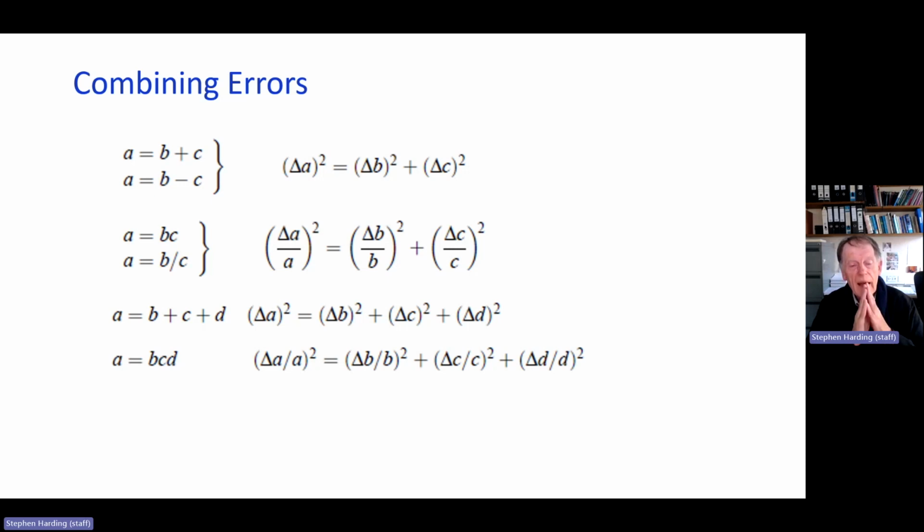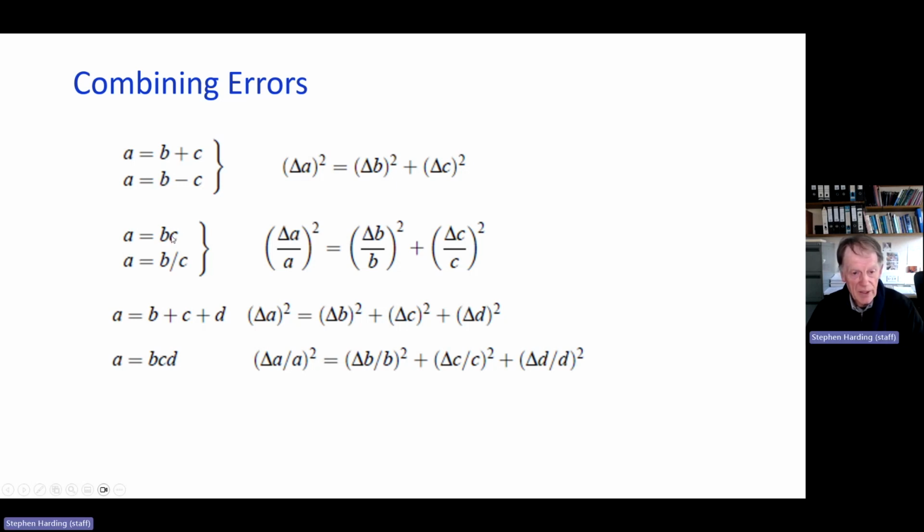What is the total error of the apple and banana together? So if that represents the error in the apple, and that's the banana, you simply square the errors, and the square of the error of the banana and apple together is simply the sum of the squares of the errors of the apple and the banana. And then to get the error, you simply take the square root of that. So that's the simplest case.